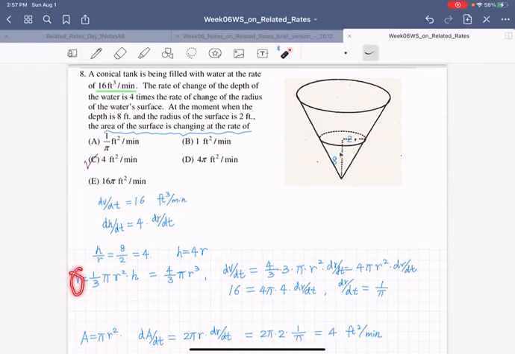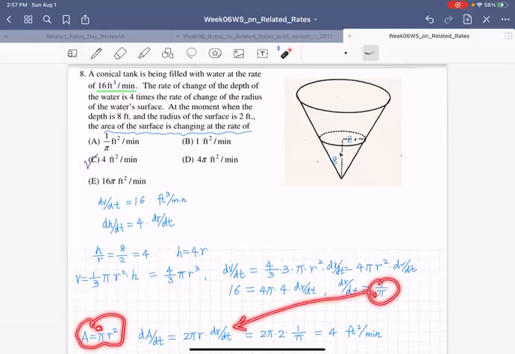So this relative rates dV over dt will be power rule and chain rule. So you have 4 pi r squared dr over dt. You plug in 16 here, you find your dr over dt is 1 over pi. And then you want to get your dA over dt by plugging this guy over here.